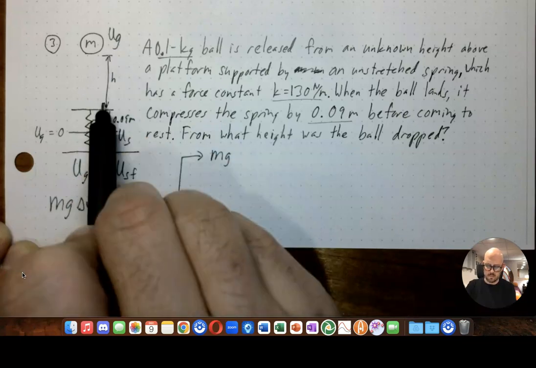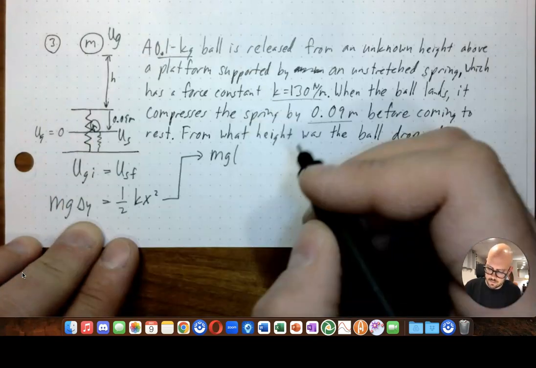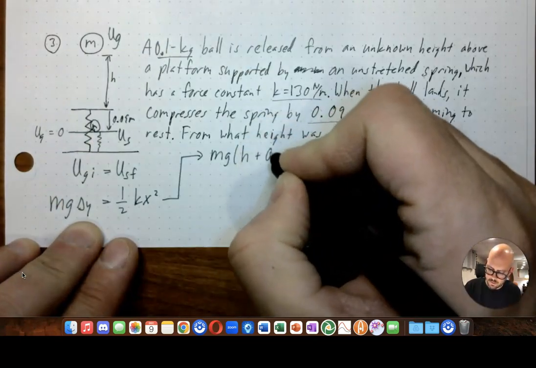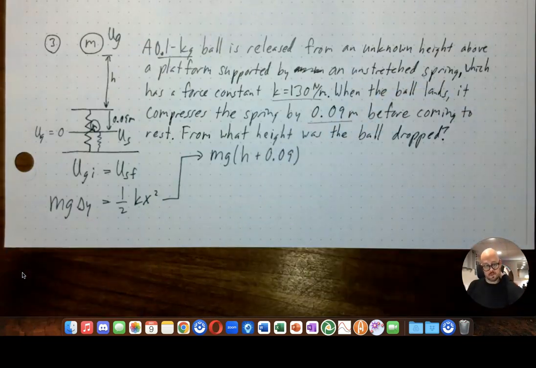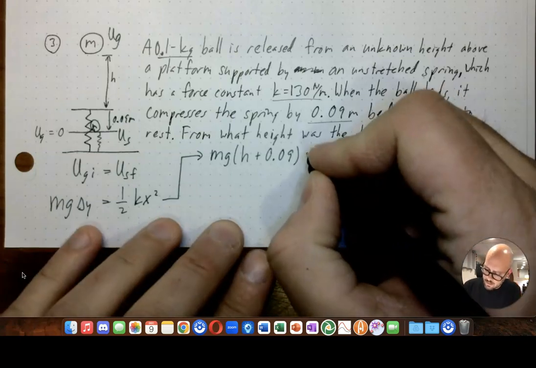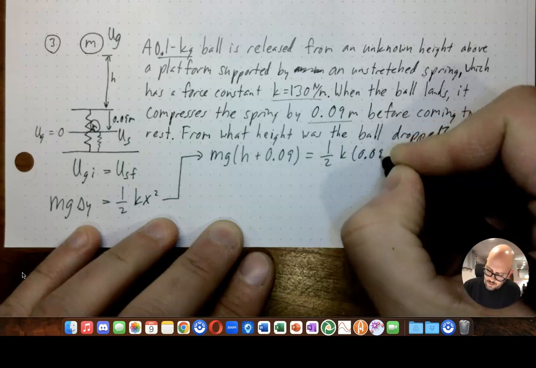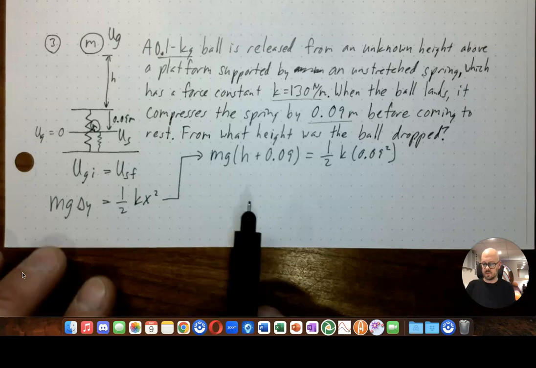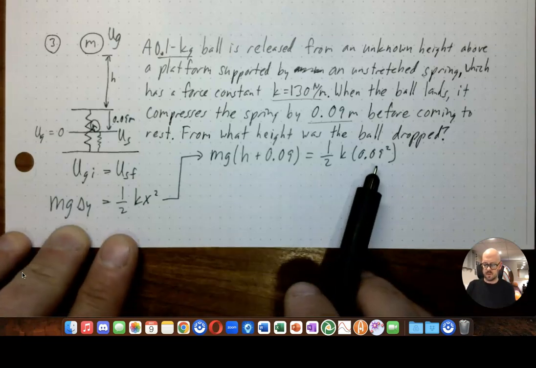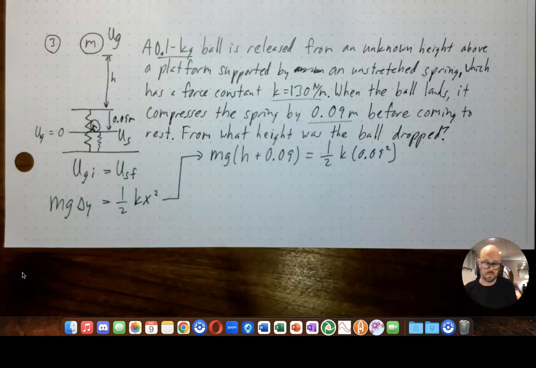So I'm looking for the height above the platform, but the potential energy is both of these heights combined. So h plus 0.09. And so that goes in right away. And that's equal to 1/2 k times 0.09 squared. So the thing about this problem, now that we're here, is that the stretch of the spring is also part of the height that was responsible for the gravitational potential energy.